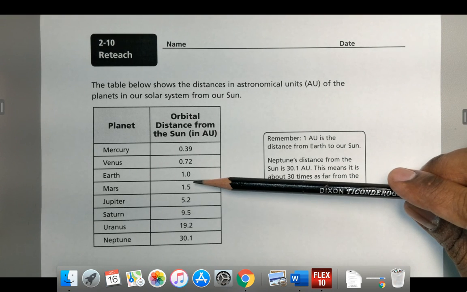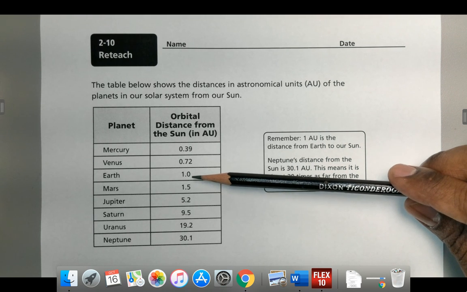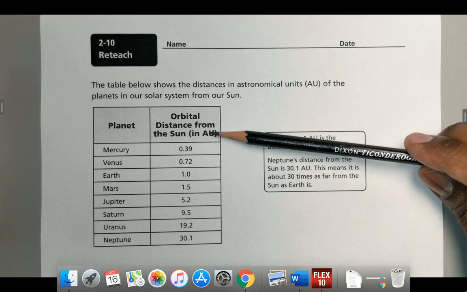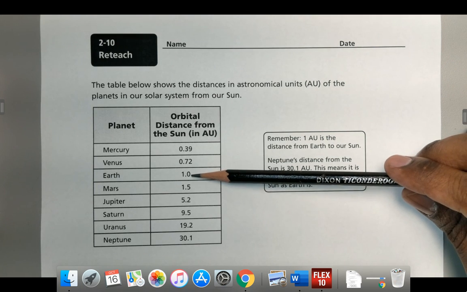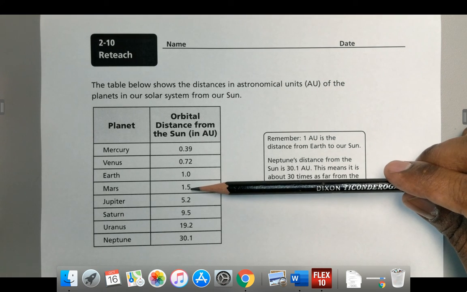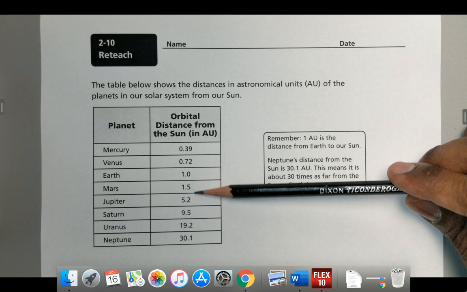Here, if we say that the distance from the sun to the Earth is 1 AU, 1 astronomical unit, well, the planets closer to the sun, Mercury and Venus, they're going to have a smaller orbital distance from the sun, meaning their value is going to be less than a whole, while the planets that are further from the sun than our planet Earth are going to have a value or an orbital distance greater than 1 AU.